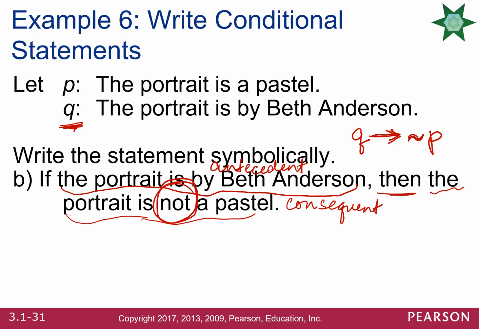So it's going to read as, if the portrait is by Beth Anderson, then the portrait is not a pastel. Right? So again, let's pull up the solution. It says Q followed by an arrow, not P.